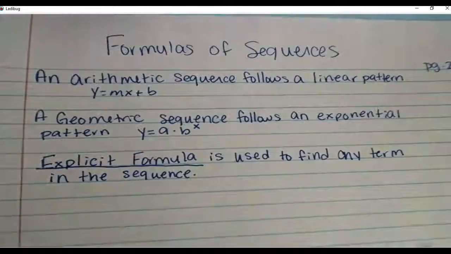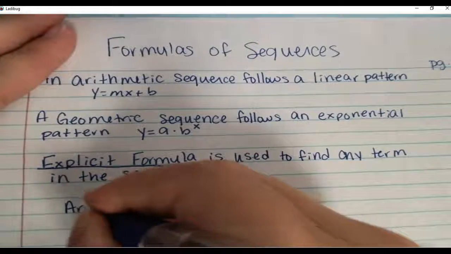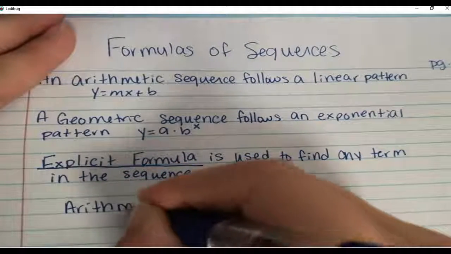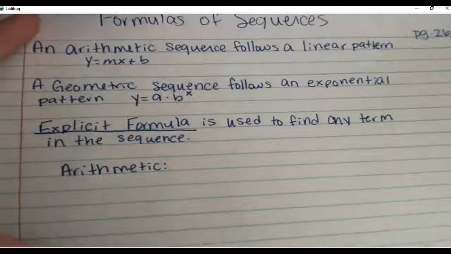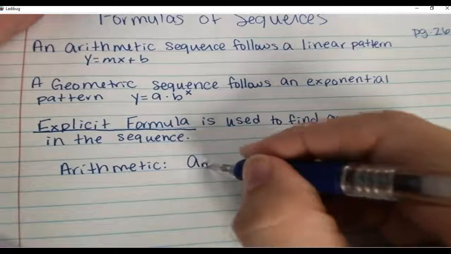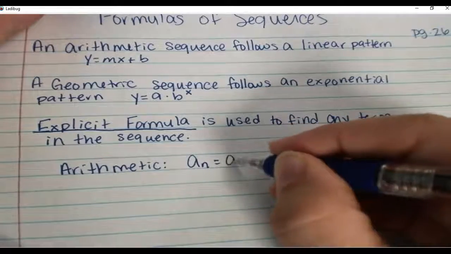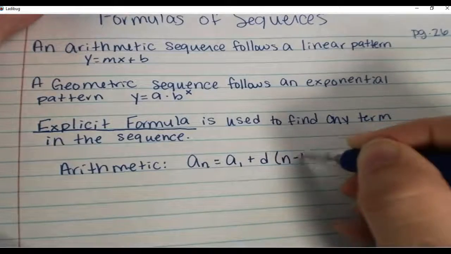So you still have to decide first if it's arithmetic or geometric. So if it's arithmetic, then the formula is a sub n equals a1 plus d times n minus 1.